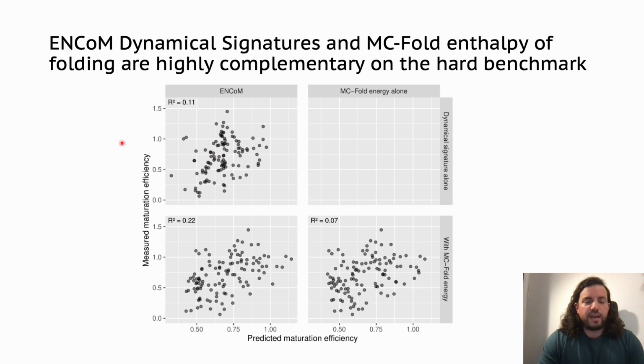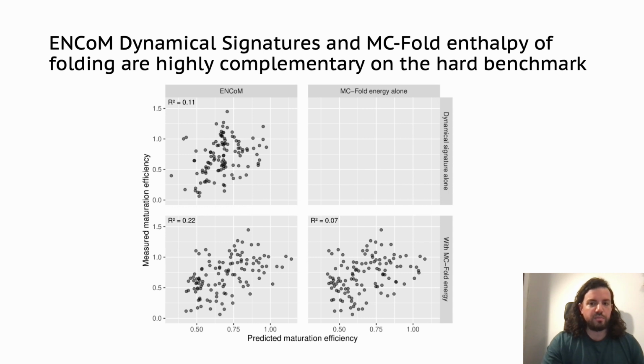And the dynamical signatures and the MC-Fold enthalpy of folding, which is 2D structure prediction software, are highly complementary on that hard benchmark. Alone they get R squared around 0.1, and together they get slightly above 0.2. So it still captures something on this hard benchmark.